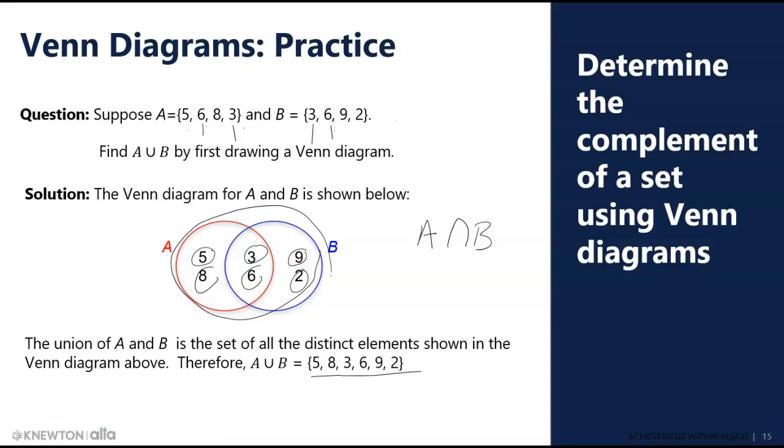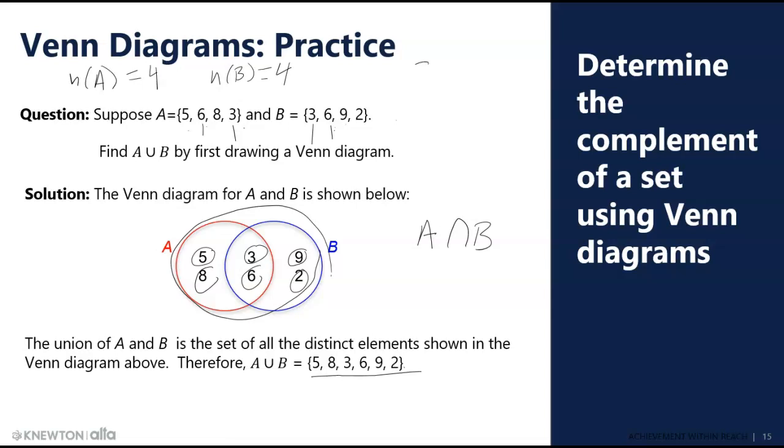Now, some students get really irritated when I don't write things in order, but you don't have to. Let's count how many elements are in the union. 1, 2, 3, 4, 5, 6. Well, the cardinal number of A, and I think your book uses n of A, other books use the absolute value, is 4. The cardinal number of B, just how many elements are in the set, is 4.